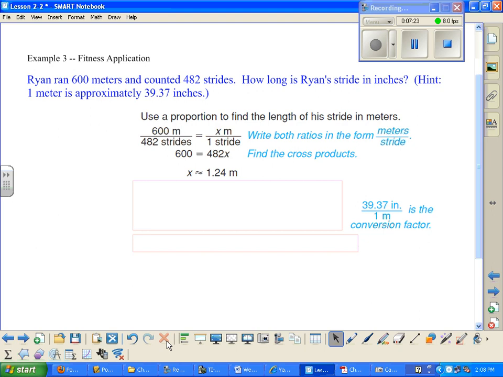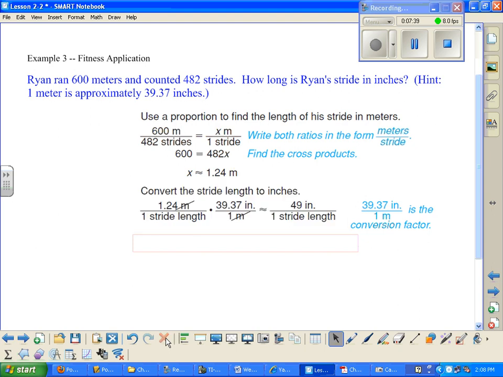Do I divide by 39.37 or multiply by it? Okay, because if inches was bigger, we would divide, but since it's smaller, we're going to multiply. And we get that Ryan's stride length is approximately 49 inches.